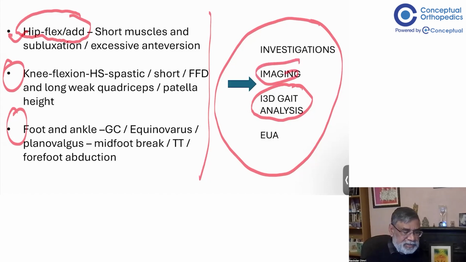So imaging, 3D gait analysis, and very important, examination under anesthesia, because sometimes it's very difficult. We mentioned in our examination, especially for hamstring and gastrocnemius, that you should always do R1 and R2 and then tell the examiner how much is contracture and how much is contributed by spasticity.